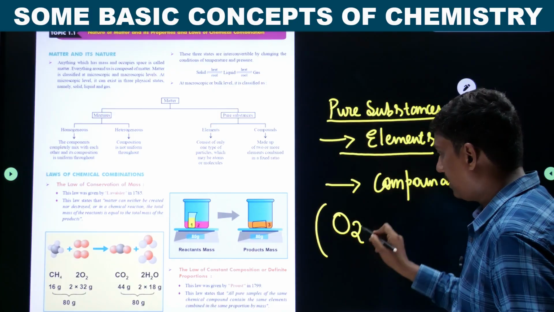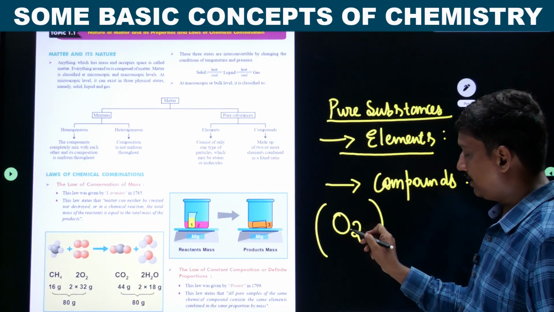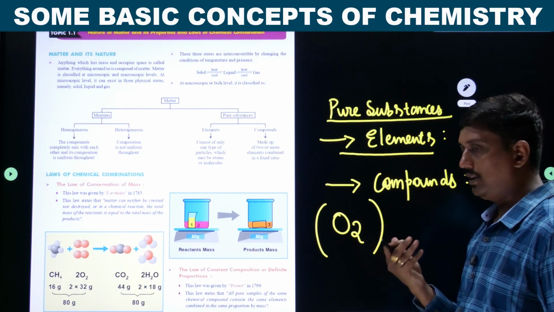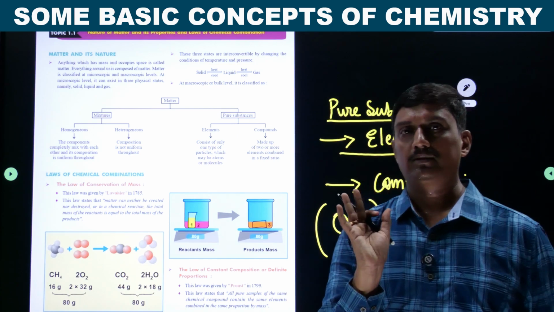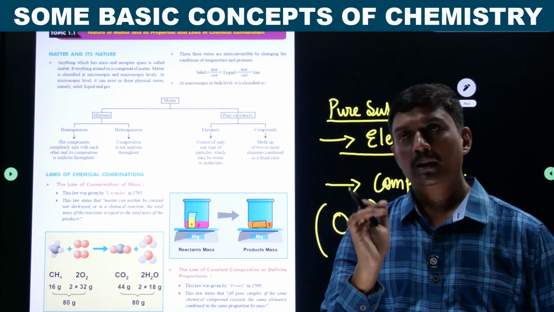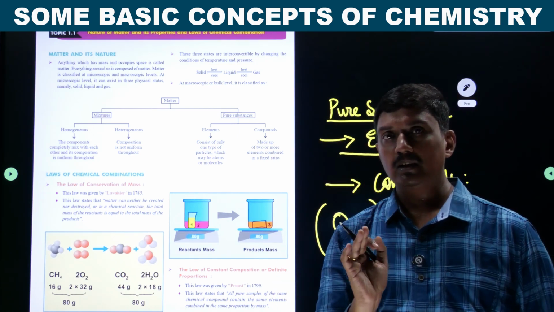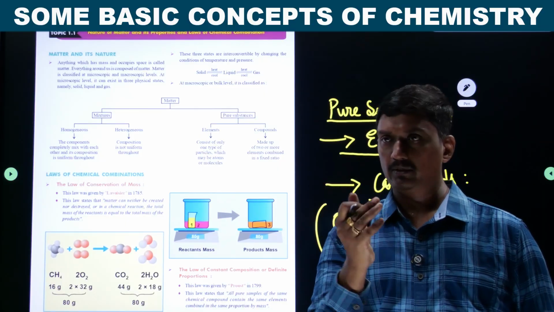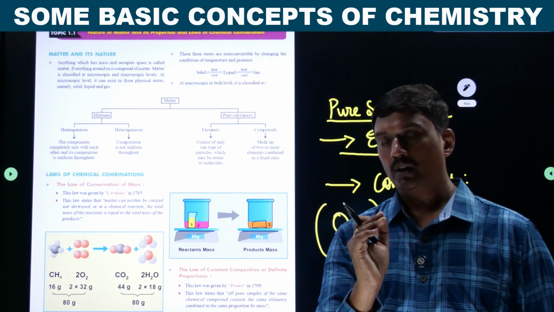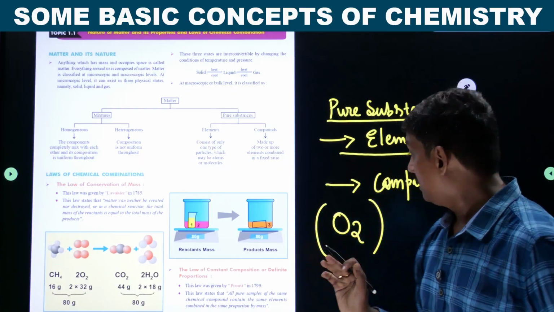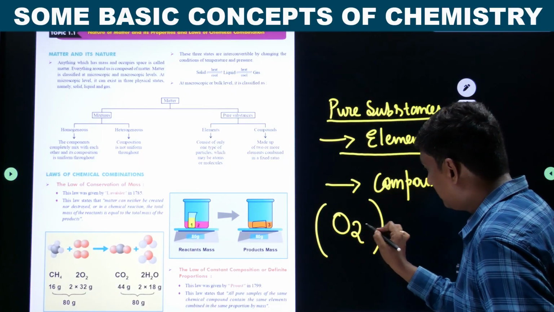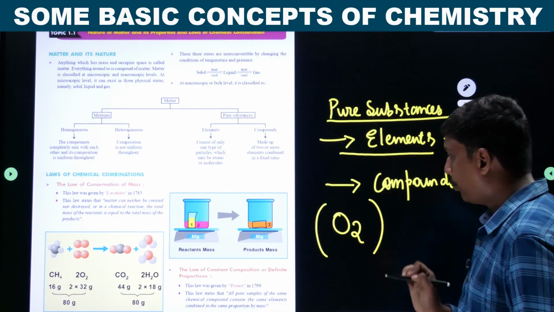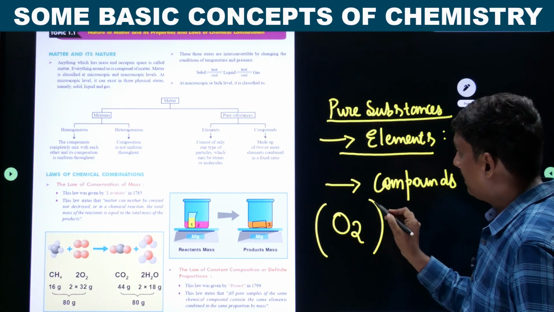If I ask about oxygen, you say it is a gas. No doubt, it is a gas, because of its physical appearance or physical property. Even liquid oxygen is there. We can discuss it later. See, this oxygen I have written as O2.